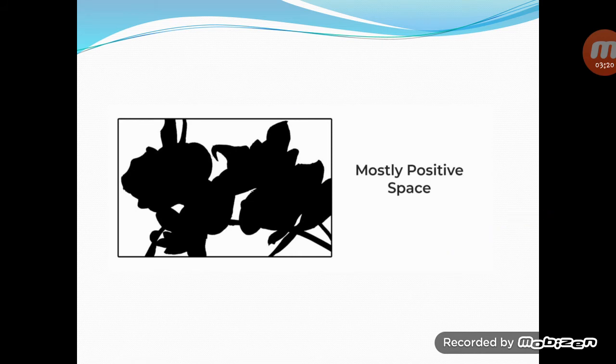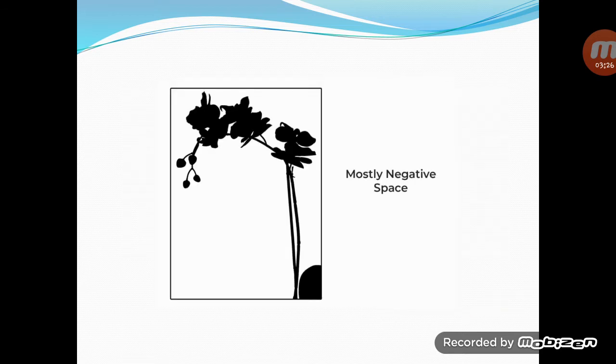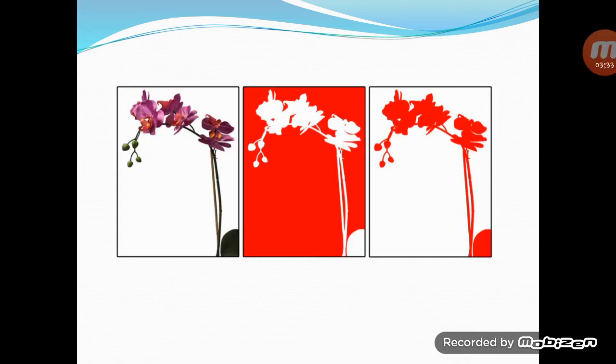Mostly positive space. Here, balanced negative and positive space. Mostly negative space, you can see. Each one of these compositions is derived from the same subject and each could be considered successful.